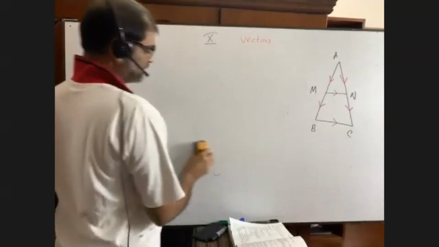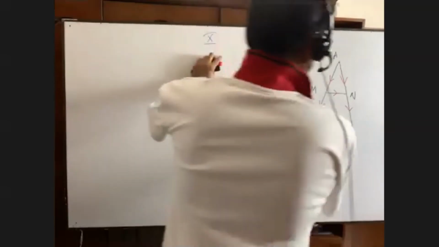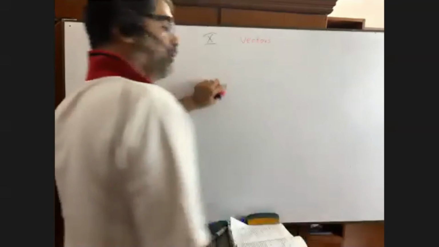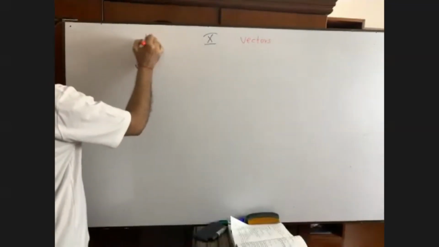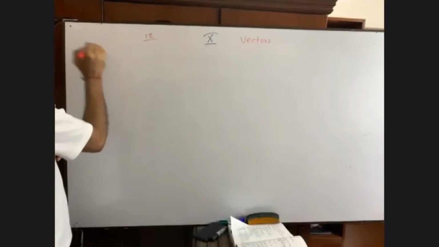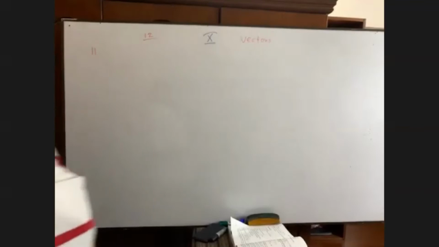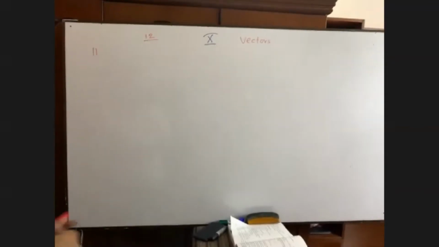You all are required to compare exercise 12 question number 11 with example 3. All of you just take some time to understand. What is the difference? Let me know.